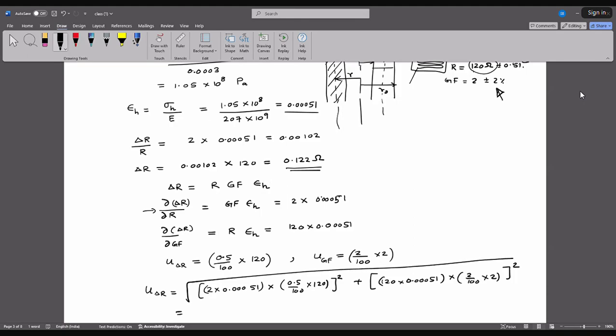So if you do the calculation correctly, this will come out to be 0.003 ohm, basically 3 milliohm. So your delta R is 122 milliohm and your resistance uncertainty is 3 milliohm.